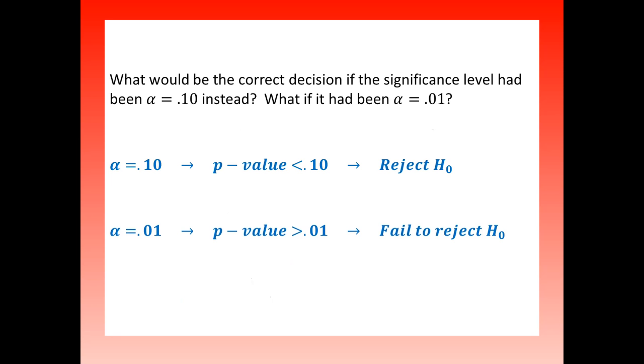Okay, well, what if the significance level had been different? What if alpha had been 0.1, or what if alpha had been 0.01? The p-value was 0.014, less than 0.1, so in that case, you'd still reject the null. If we drop the significance level down to 0.01, 0.014 is bigger than 0.01, then you would fail to reject the null.